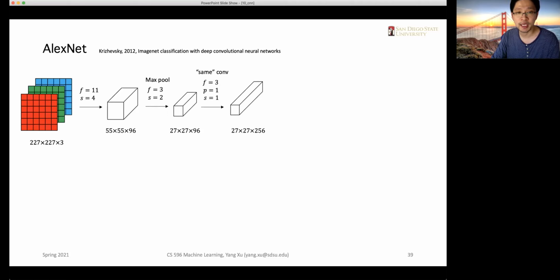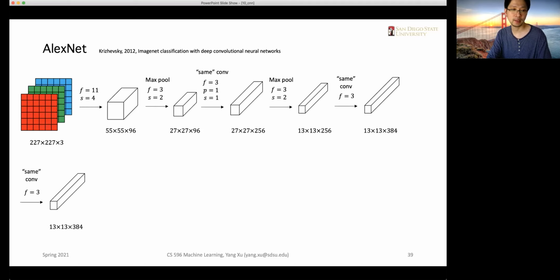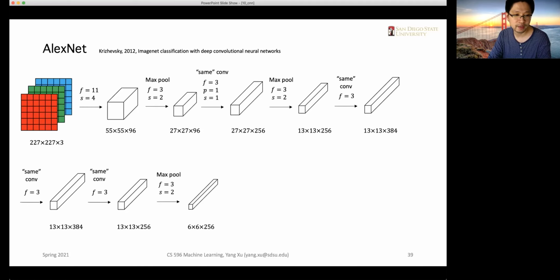And we will apply a same ConvNet to make it deeper, right? And again, a max pool, into a smaller 13 by 13 by 256. And again, the same ConvNet into an even deeper one. And again, a same ConvNet. So a lot of same ConvNets are used, and then the max pool.